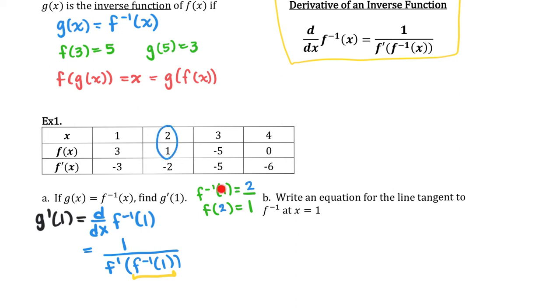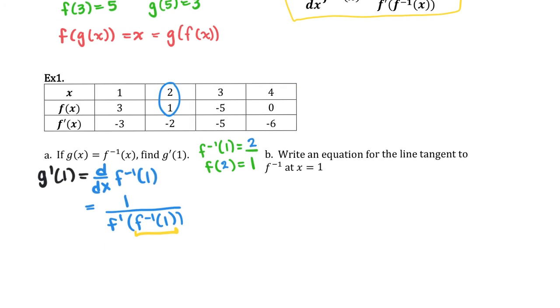Inverse is inputting the y value and giving you the x value. Okay, so let me rewrite this now. This is 1 over f prime, and I've established that f inverse of 1 is actually 2. Now let me look at the table for f prime of x. f prime of 2 is negative 2.